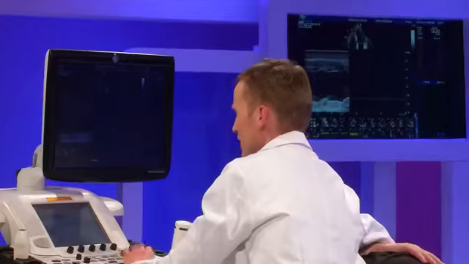The other parameter that we will use is the assessment of the strain, the longitudinal strain. And nowadays, when we measure strain, usually we use the speckle tracking technique. This speckle tracking technique is a technique using the 2D images without any Doppler, just the images that we record in 2D.